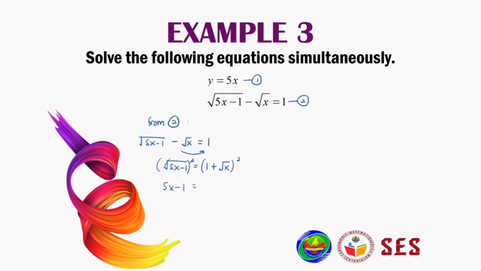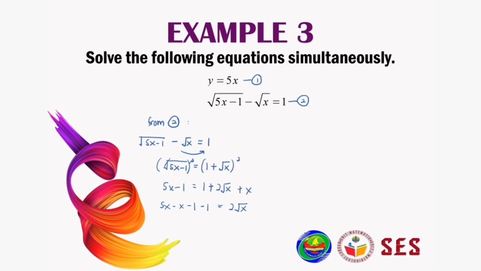On the right hand side, we expand this bracket to have 1 plus 2 square root of x plus x. As you can see, the equation is much simpler than before, and we are just left with one single square root. Now, let us simplify this equation. We have 5x minus x minus 1 minus another 1, and we are left with 2 times square root of x on the right hand side.